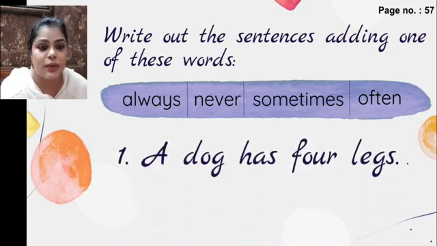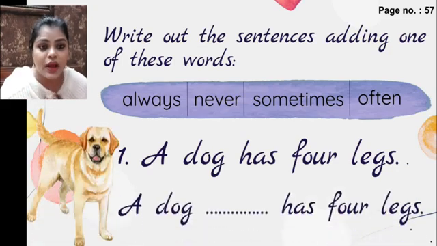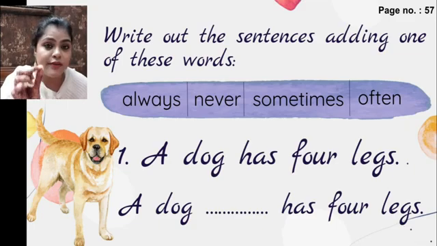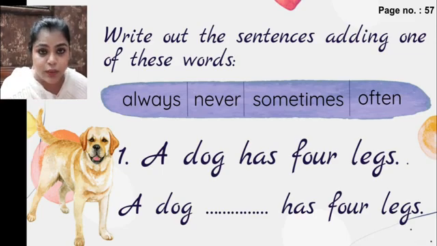Okay, let's see the first one. A dog has 4 legs. Now, a dog dash has 4 legs. Now here you have to add one word out of these to make it more meaningful.